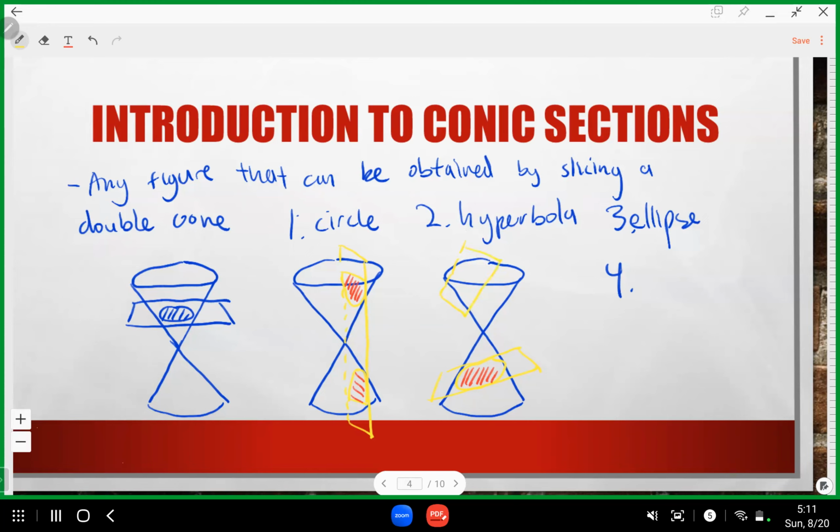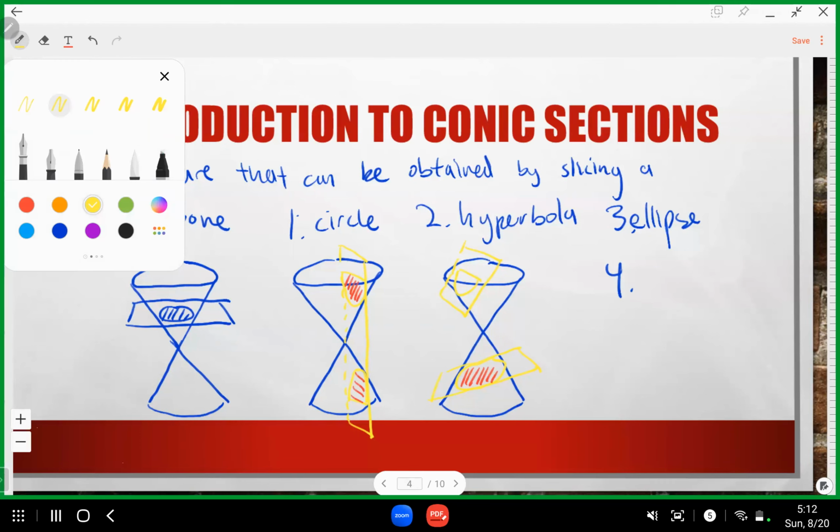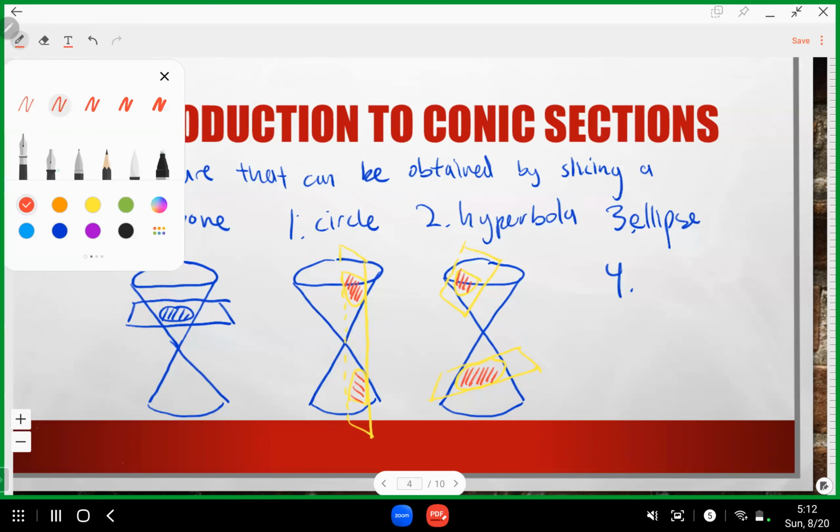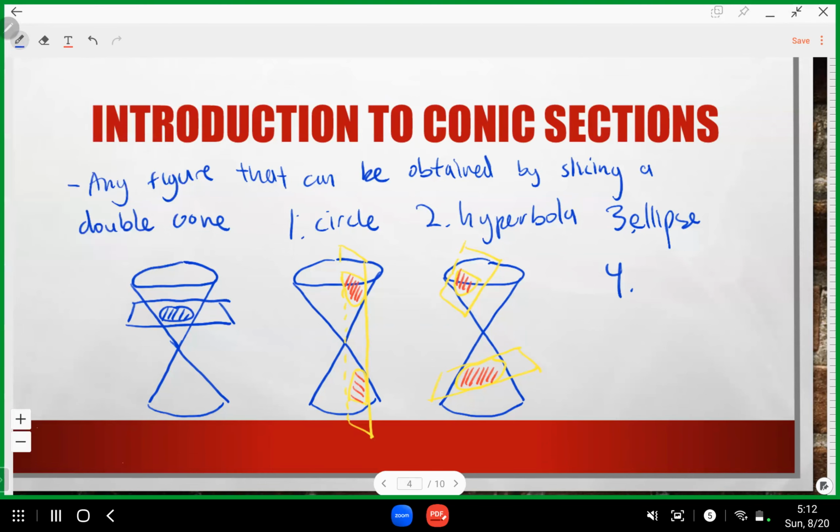If you put our piece of paper here, then the shape that we get on the paper is a parabola. Because that's the tip of the cone, right? So our fourth conic section is the parabola.